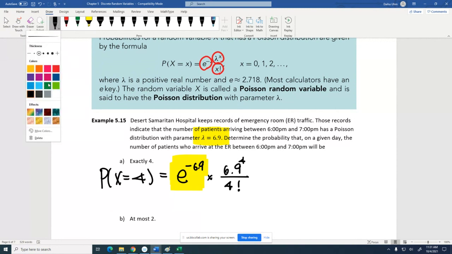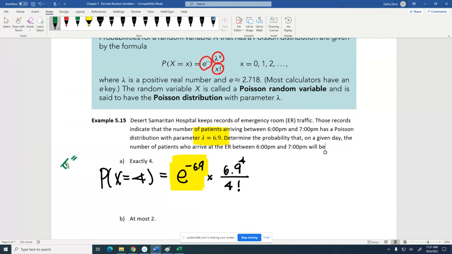e to the negative 6.9. Do you know what e is? Do you know pi? Not eating pie, but in math, pi. How much is pi? 3.14. Only 3.14? 3.14156712.